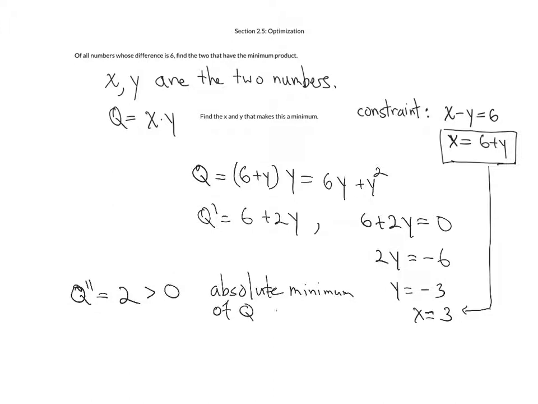The absolute minimum of Q is, well, I have to plug the value y equals negative 3 into Q, or just multiply x times y, and I get 3 times negative 3, which is negative 9.